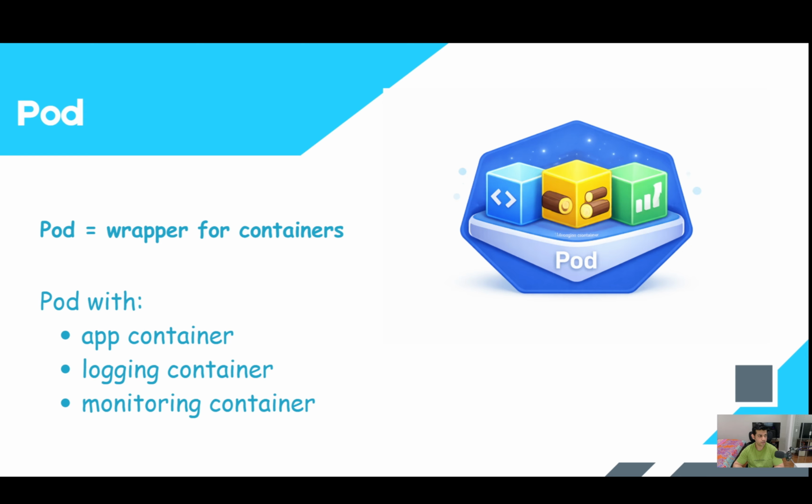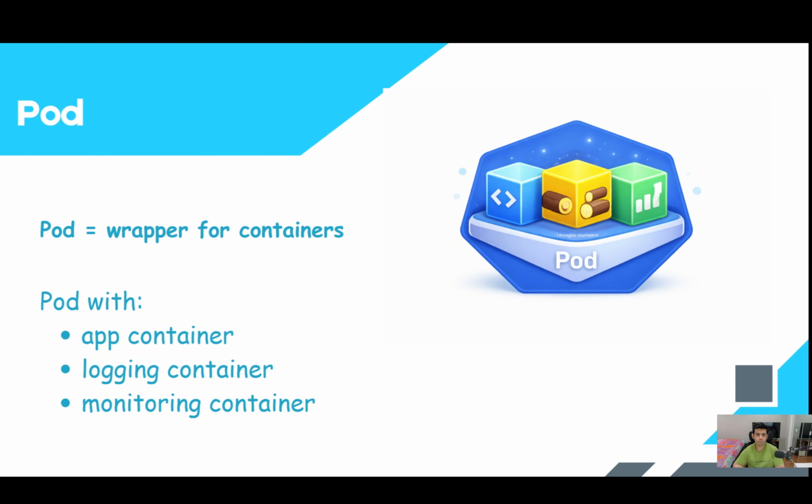One is the app container, second is the logging container, and third is the monitoring container. Inside a pod, containers share the same IP address, share the same network, and can talk using localhost. So, Kubernetes never manages containers directly. Kubernetes manages pods. That's a very important idea.